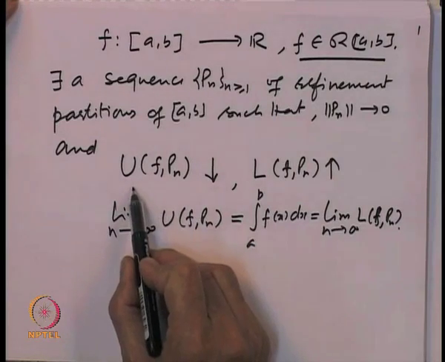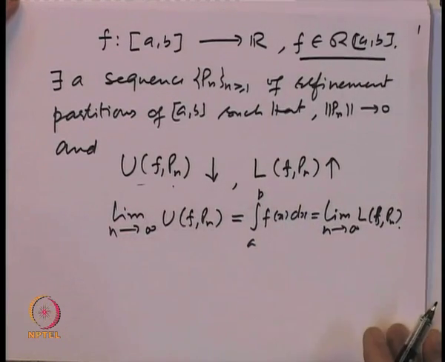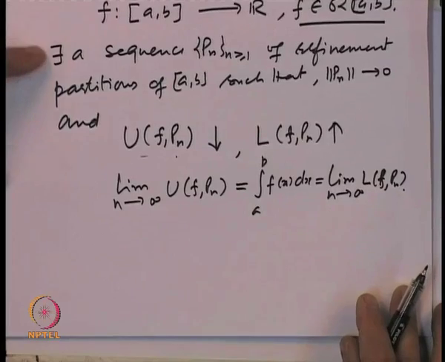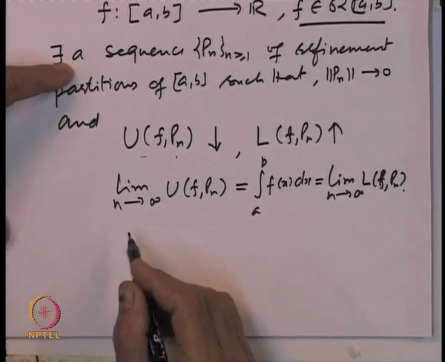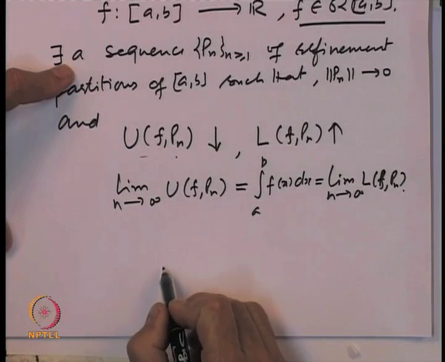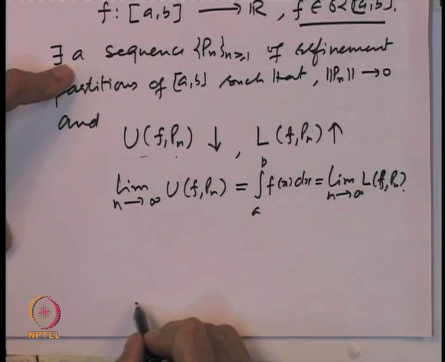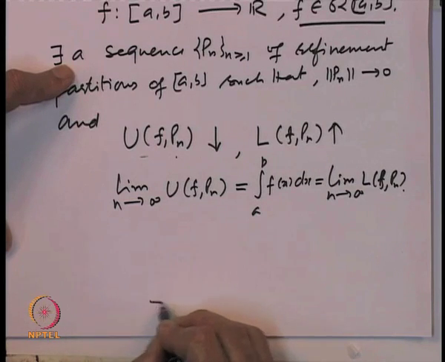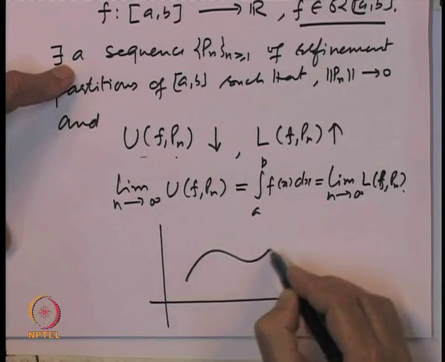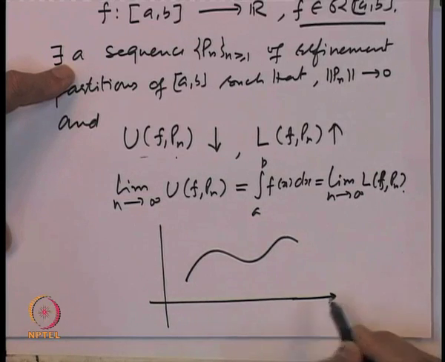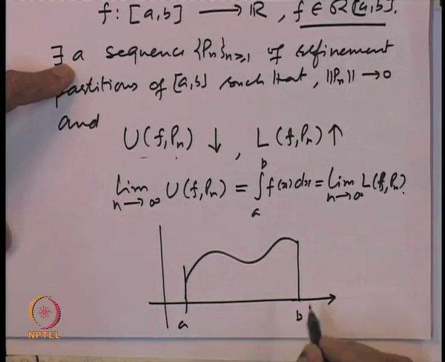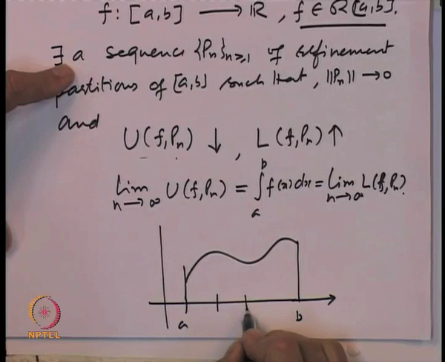Now, let us see what are the upper sums and what are the lower sums. We need to analyze them slightly more carefully. Let us draw a picture of the function, say the function looks like this. So, this is a and this is b, and we get the partition.